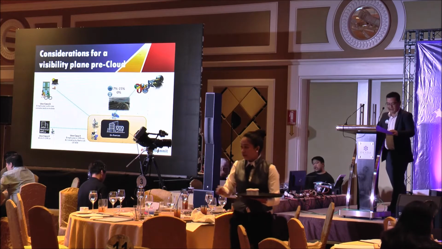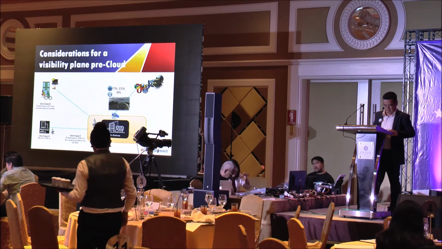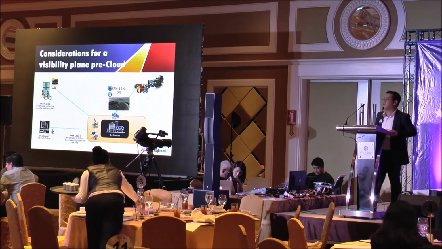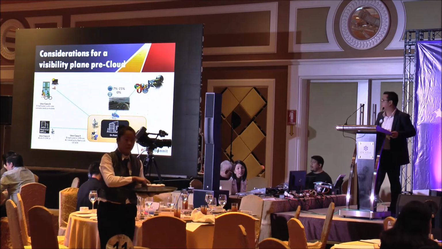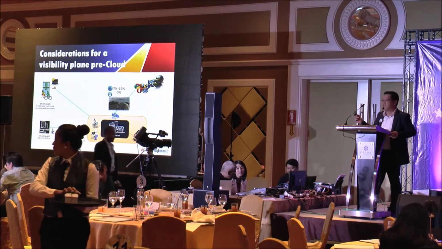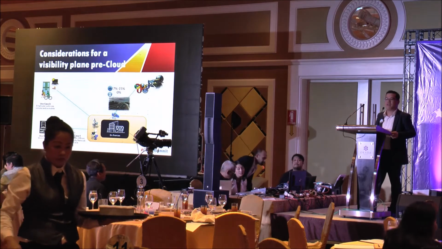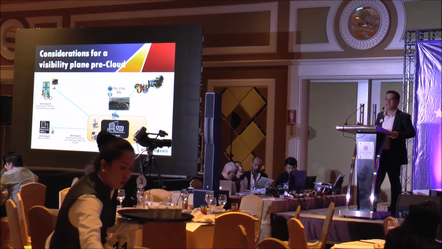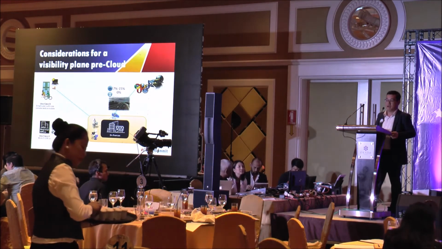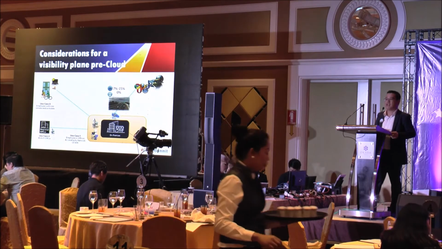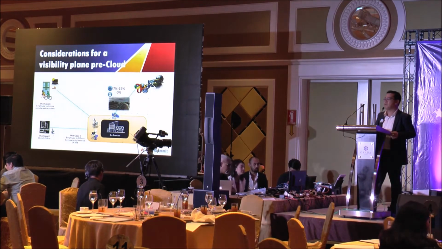So what's the consideration for the visibility plane pre-cloud? 10 or 15 years ago, only 7 to 15% of applications were accessed from the cloud environment. Most of the time, emails and file sharing were accessed on-prem.